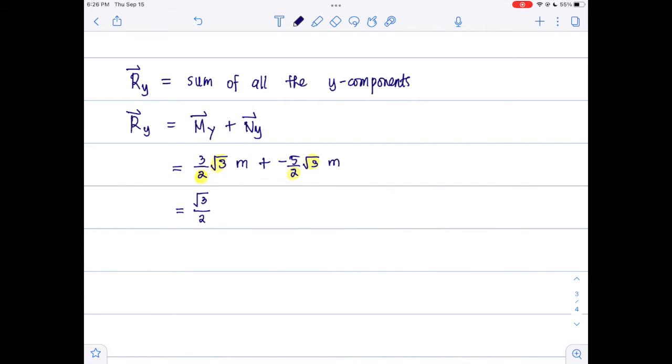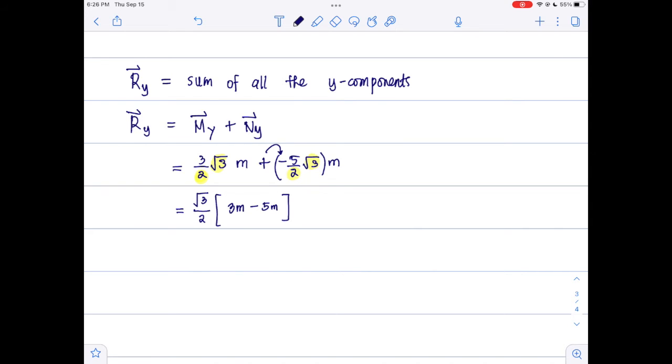What is left in my first term is just 3 meters, minus, distributing, plus times negative yields negative, so minus 5 meters.